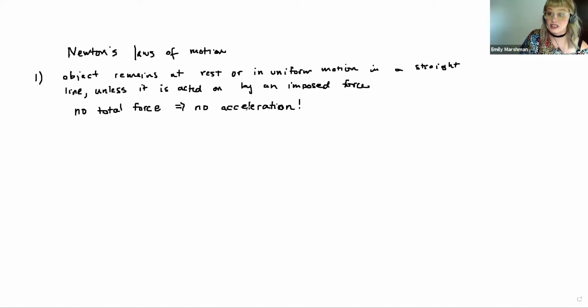If the object is not accelerating, that can mean two things possibly. Either the object is completely at rest, stationary, or the object is moving in a straight line with a constant speed. Or what does that mean? Constant velocity in a straight line.